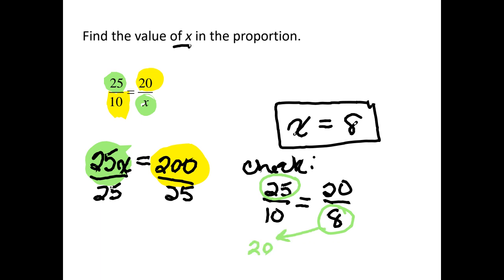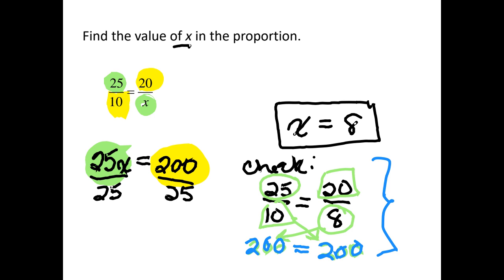This 20 times 10 is going to give me 200 as well. So therefore, my answer is a good one. Now, do you have to check it? No, but it's your choice.